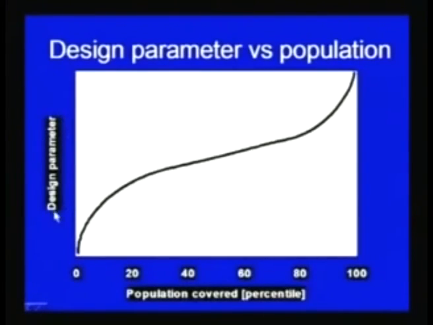So, the design parameters are selected in such a way that mostly the 5th to 95th percentile of the anthropometric data related people are covered by the given engineering system. If efforts are made to cover the entire 100 percentile of the people by the design range, it will unnecessarily increase the cost of the product, which may not significantly increase the number of people covered, because most of the population falls in the 5th to 95th percentile range.